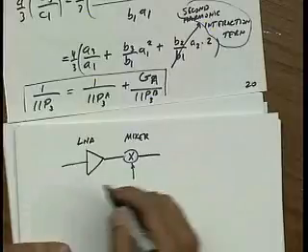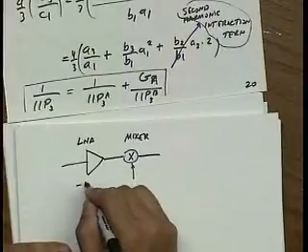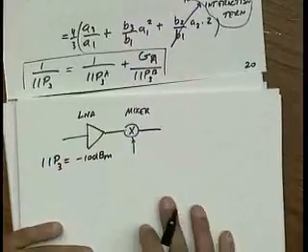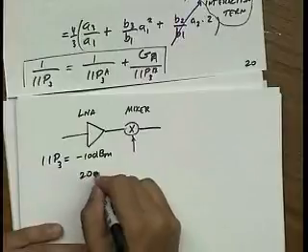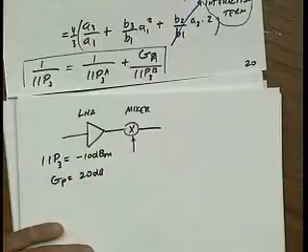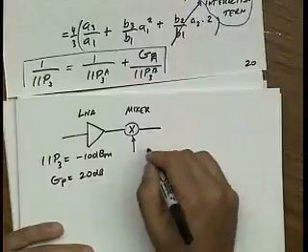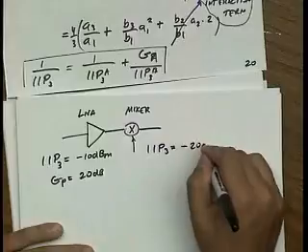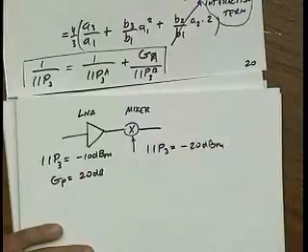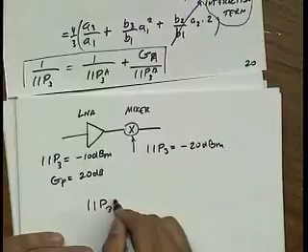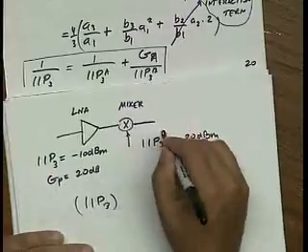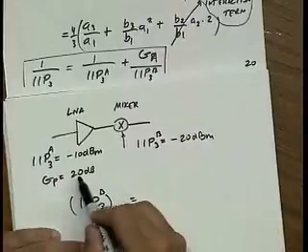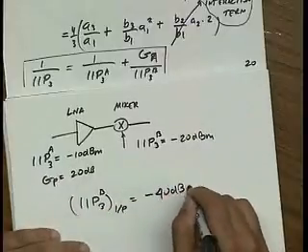Okay, let's give a practical example. Let's say I design an LNA and it has a minus 10 dBm input IP3. And let's say it has a power gain of 20 dB. And let's say I design a mixer which has an even worse input IP3 of minus 20 dBm. Now if I input refer that, let's call this B, this A, at the input, it's minus 20, so minus 40 dBm.